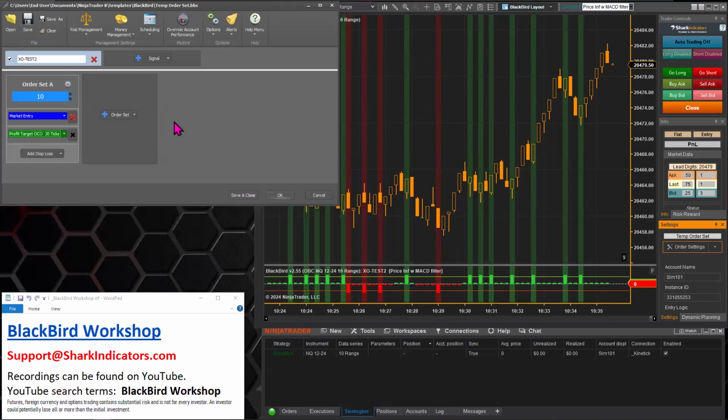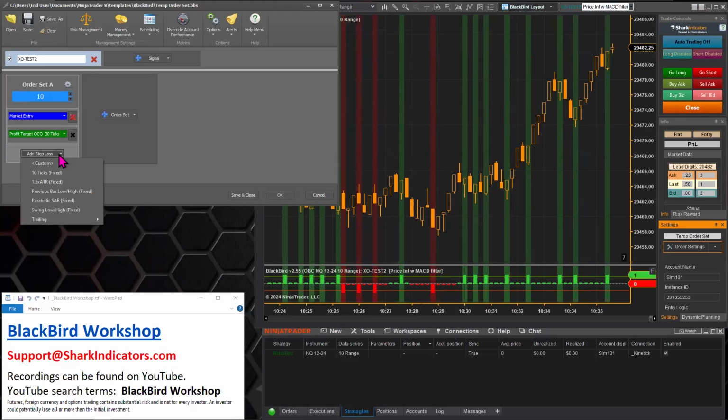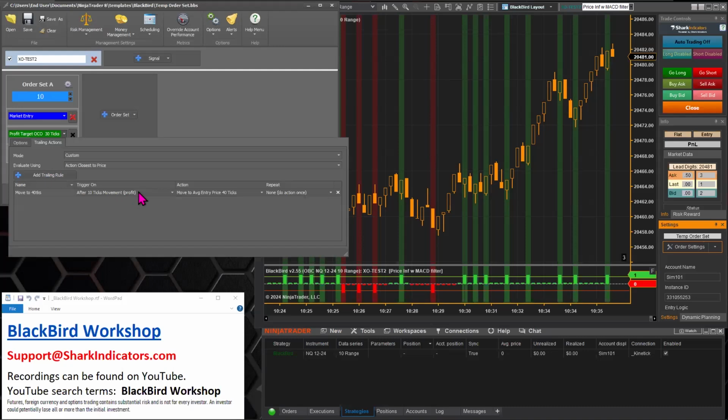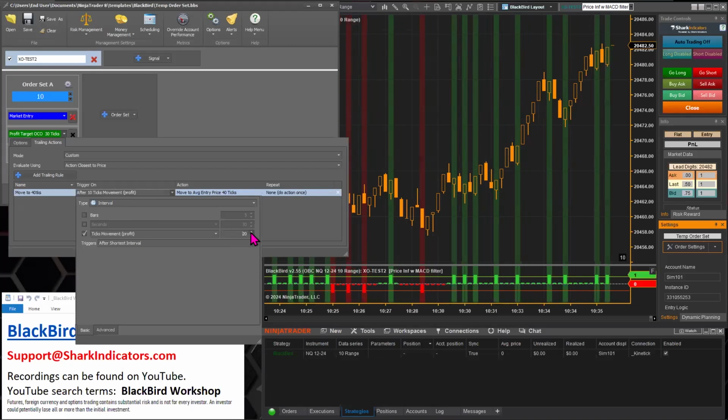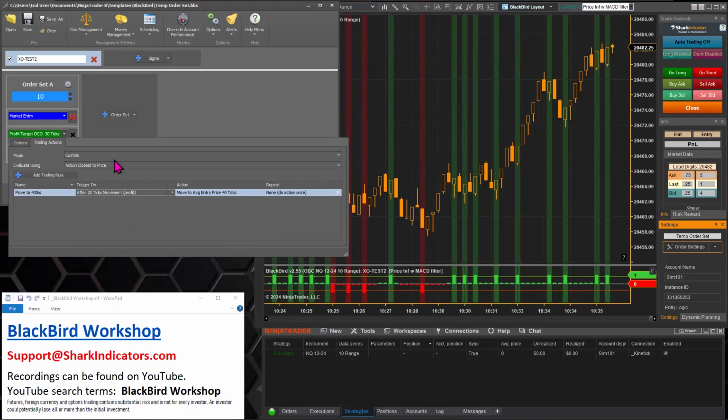All right, and then let's repeat this for the stop loss. Oh, actually, 20 ticks, sorry. Hold on. This profit target here was supposed to move based on 20 ticks. There we go, 20 ticks of profit.